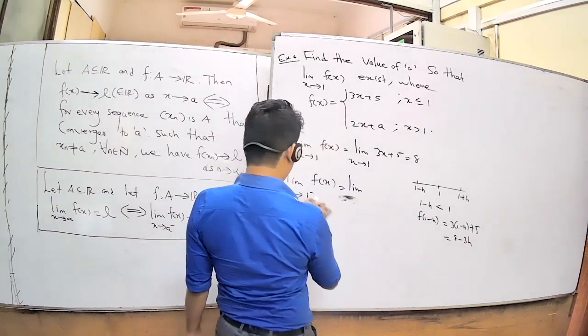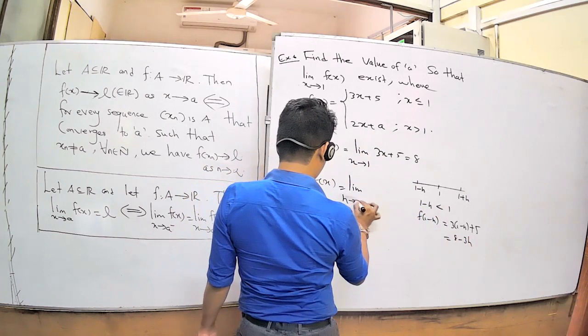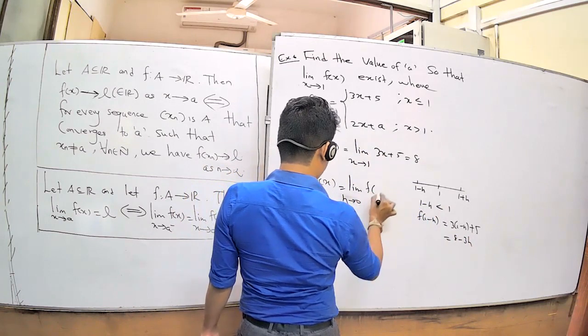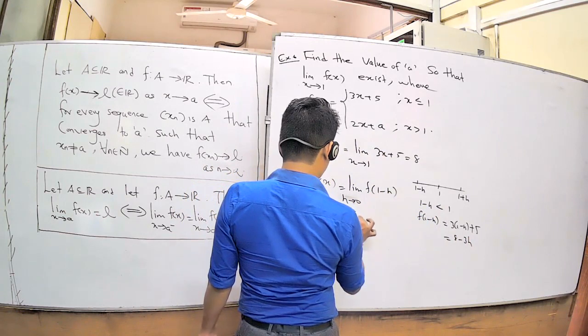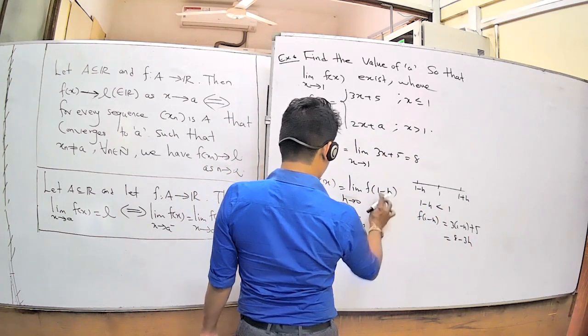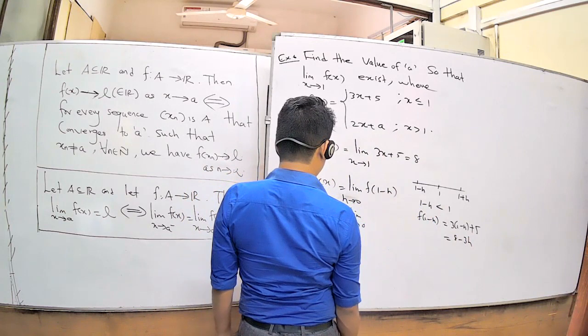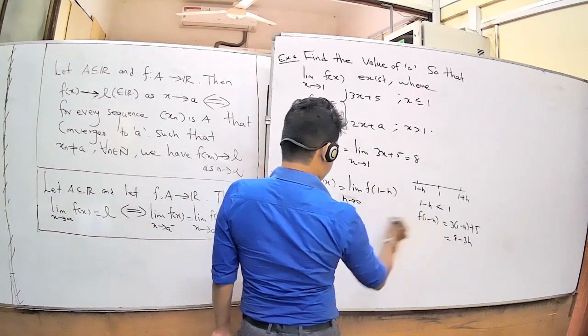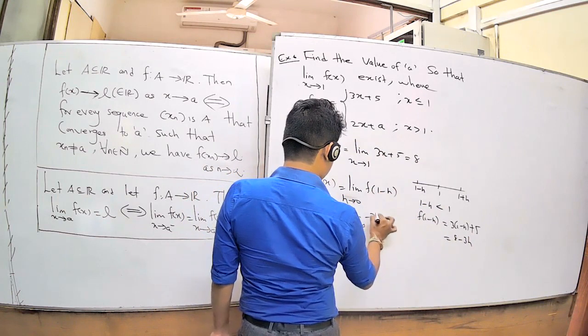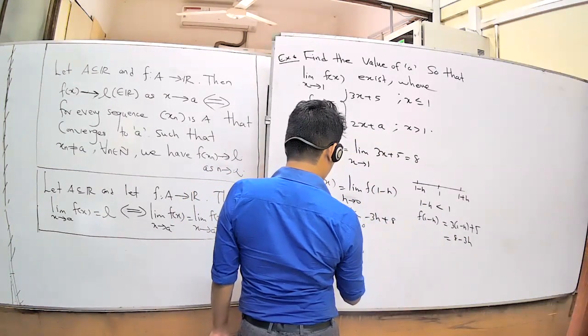As x tends to 1 minus means your h tends to 0, f of, right, you put 1 minus h. Now you take the limit. This f of 1 minus h becomes 8 minus 3h. Therefore, you get 8.